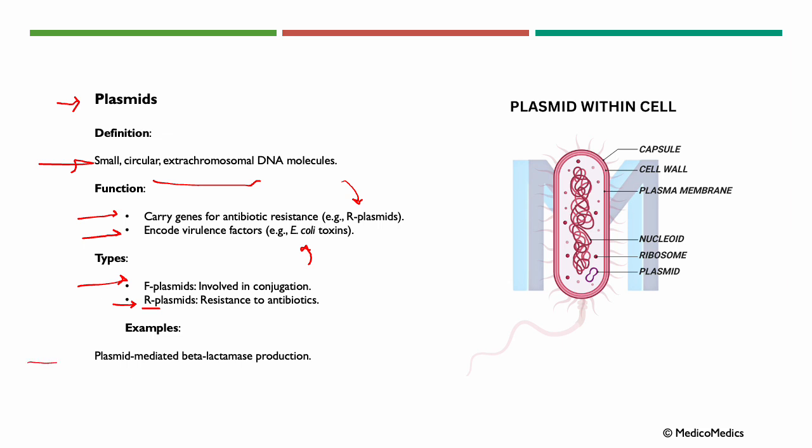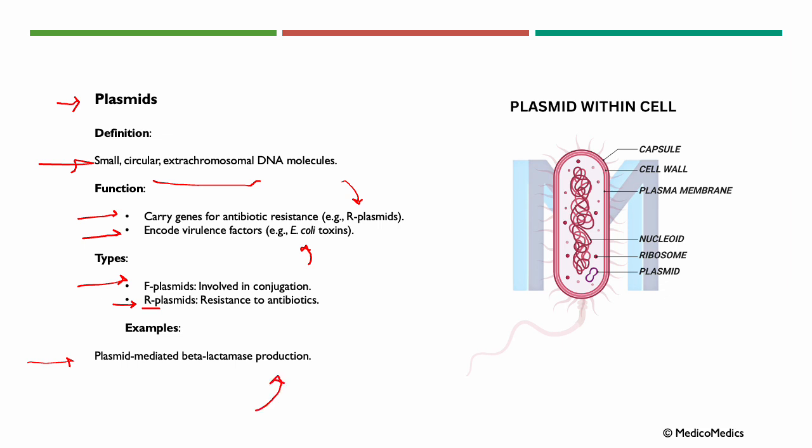Examples include plasmid-mediated beta-lactamase production. This is where bacteria acquire enzymes that degrade beta-lactam antibiotics. And beta-lactam antibiotics are, for example, penicillin or cephalosporins. So this then leads to drug resistance.